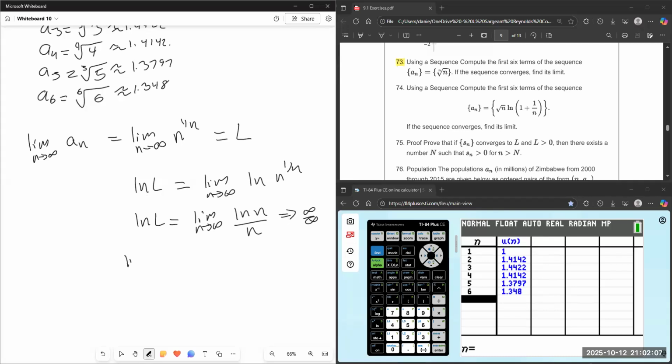So ln of L is equal to, by L'Hopital's rule, the limit as n goes to infinity of 1 over n over 1, which is just 1 over n, which is equal to 0. So L is equal to e to the 0, which is equal to 1. So the limit as n goes to infinity of the nth root of n is equal to 1. Hold that 1 in your back pocket to come back and use it later.